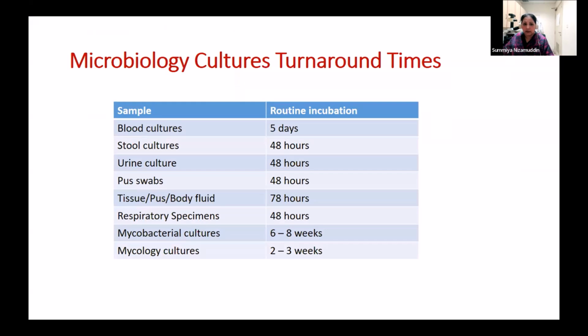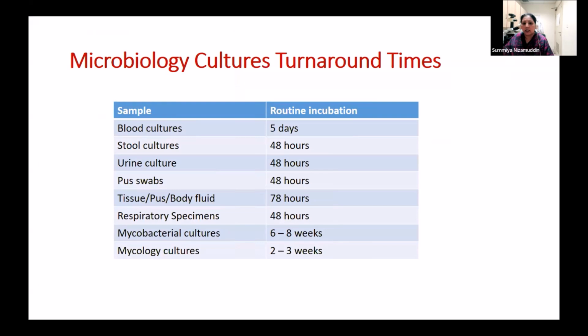microbiology culture turnaround time. So how long does a culture usually take? For blood cultures, the lab actually holds the bottles for at least 5 days. This is just the maximum time that the laboratory holds blood culture bottles.